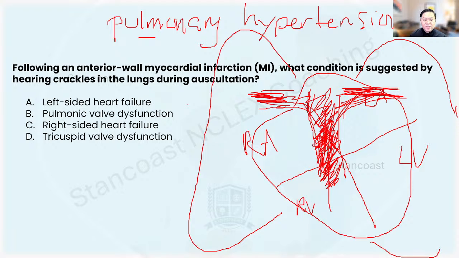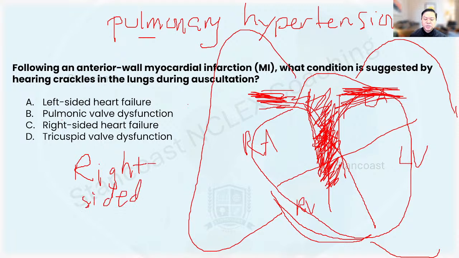So with this pulmonary hypertension over time, it can also lead to the weakening of the right ventricle. So it can also lead to what we call right-sided heart failure. Okay, I really want you to recall that discussion that I made regarding pulmonary hypertension. Yes, it's going to complicate into right-sided heart failure.